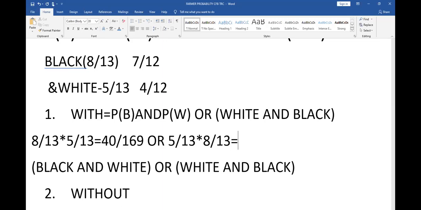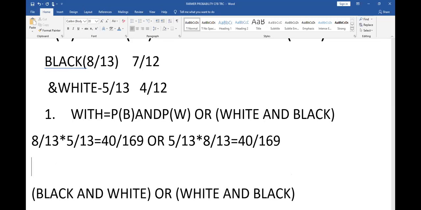So I have this one, which is also 40 over 169. The answer is still the same. So in short, here we are saying the answer is going to be 40 over 169 plus 40 over 169. And the answer is, when you come back, we are going to solve this.